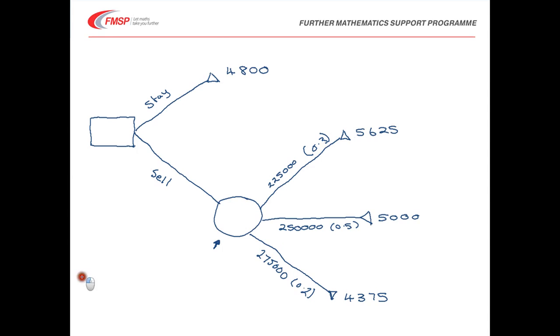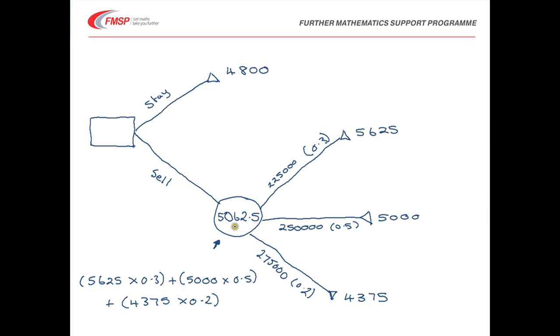So what we're going to have in there is 5,625 multiplied by 0.3 plus 5,000 multiplied by 0.5 plus 4,375 multiplied by 0.2. And when you work all that out, it comes to £5,062.50.